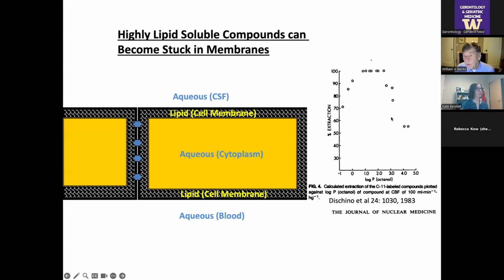And after that, going up more doesn't help because you're sort of now stuck as much as is getting in. And if you keep going, you actually get less material penetrating all the way through and getting into the brain. And that's because you just get here and you love it so much you don't want to go back into that wet, cruel world of the aqueous environment.